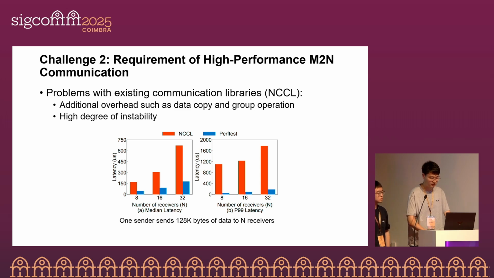The latency of M2N must be low to maintain high resource utilization and meet the latency targets. However, using existing libraries like NCCL for this only gives poor performance. As shown in this figure, in the simplified 1-to-1 scenario, both the median and tail latency of NCCL are much higher than ideal. Next, my co-author Chao will present our design and evaluation.